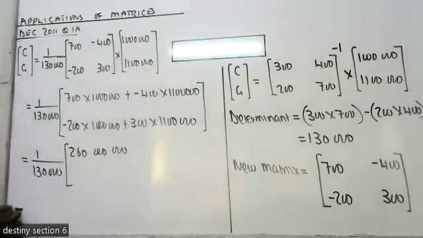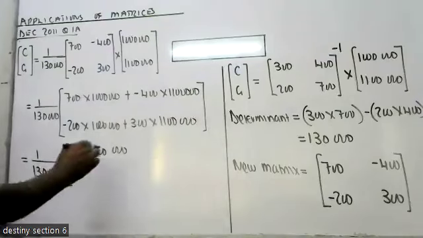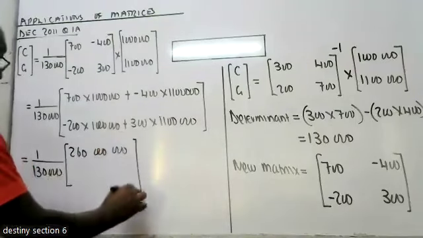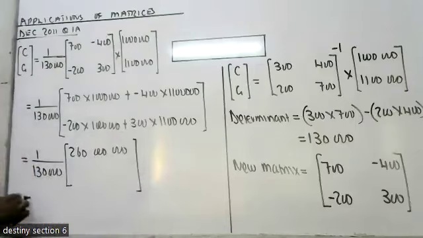And this one will finally be, if I divide that by 130,000, this is coming to 2,000 when I open the brackets.